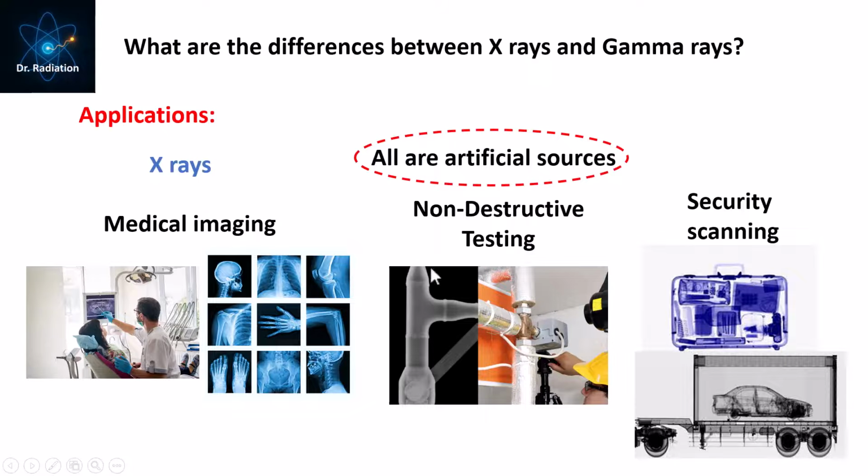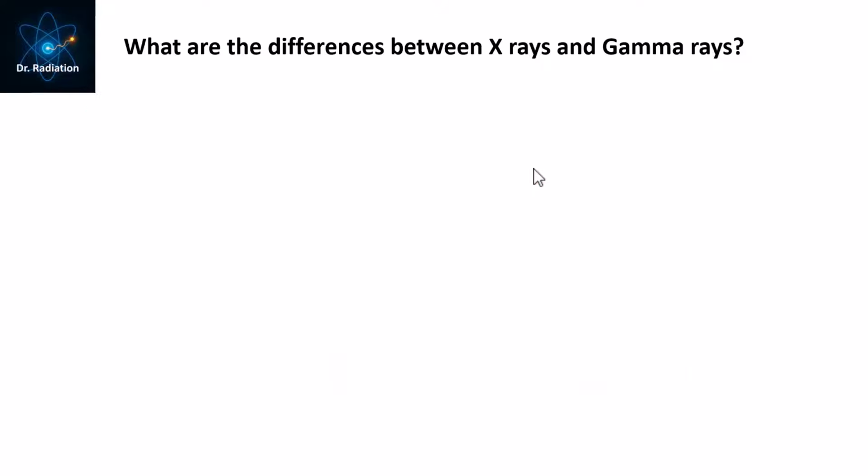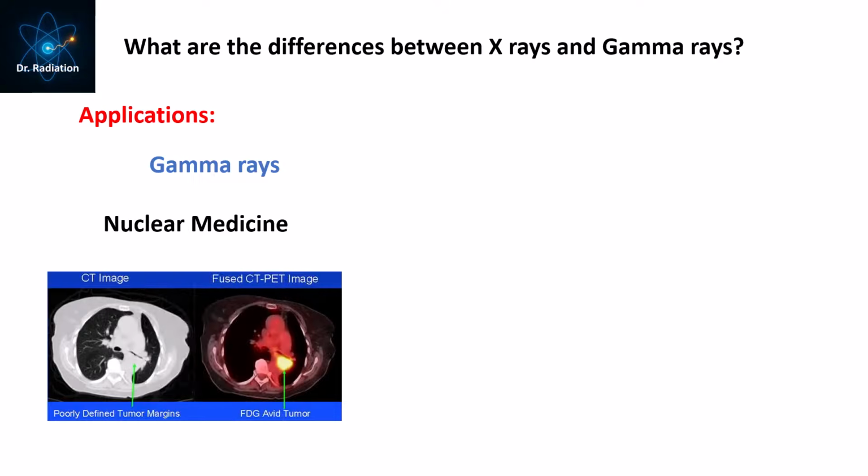And the important thing is that all the X-ray sources used for these kinds of applications are artificial, human-made sources. On the other hand, for gamma rays, the main application we can start with is nuclear medicine, for example PET images that are produced using radiopharmaceuticals that emit gamma rays and are injected into the patient's body.